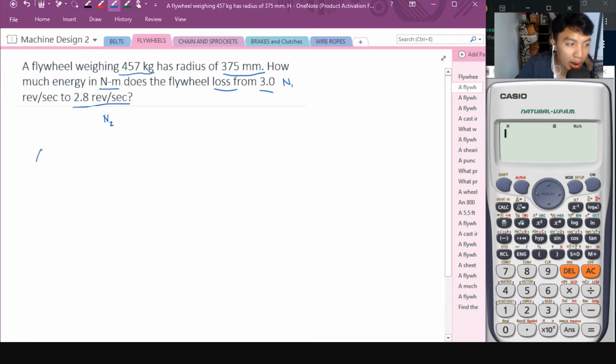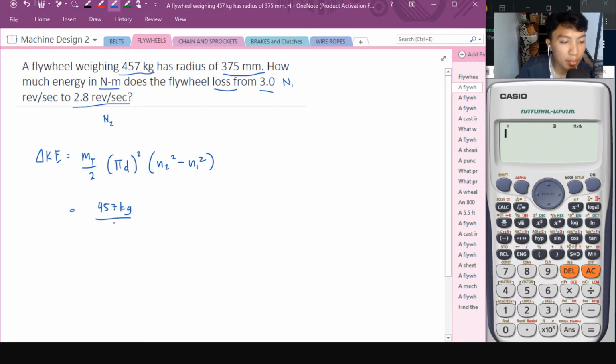So, recall natin that delta KE is equal to yung mass total for the flywheel divided by 2 multiplied to pi diameter squared multiplied to N2 squared minus N1 squared. Dapat to negative kasi flywheel, the loss of energy. So, MT is 457 kilogram divide by 2. Look out sa units ha.